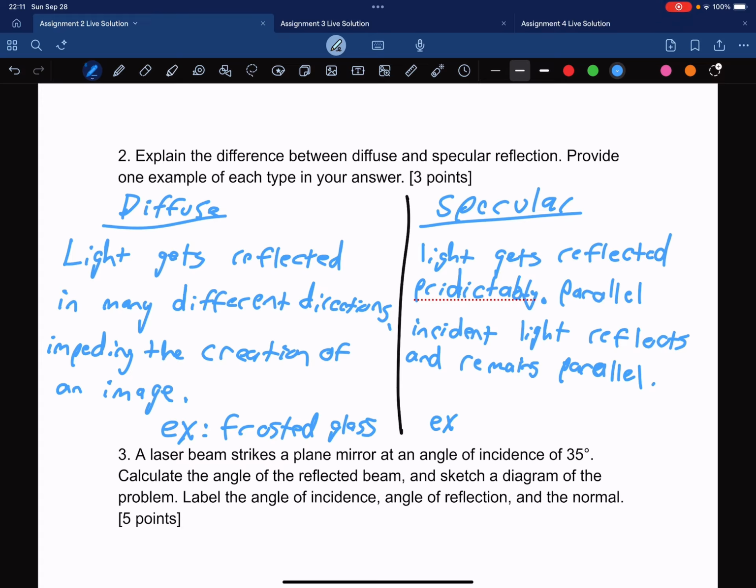Example, just a traditional mirror. So specular light rays coming in parallel will be reflected off and stay parallel, but in diffuse, parallel light rays coming in will be reflected off in different directions.